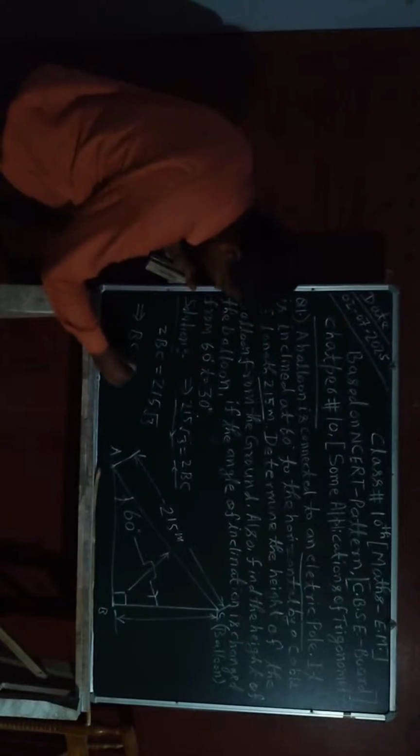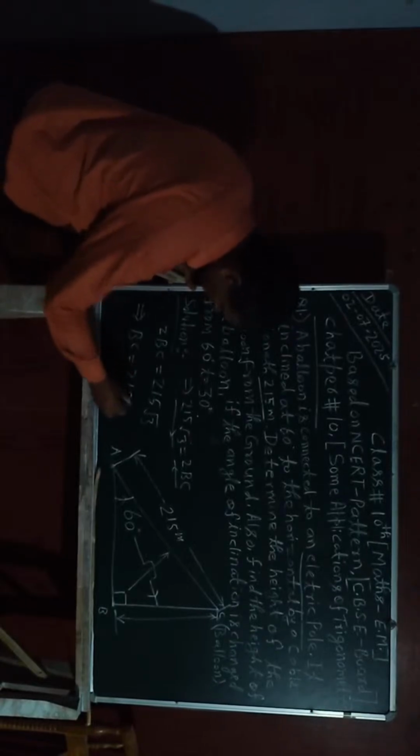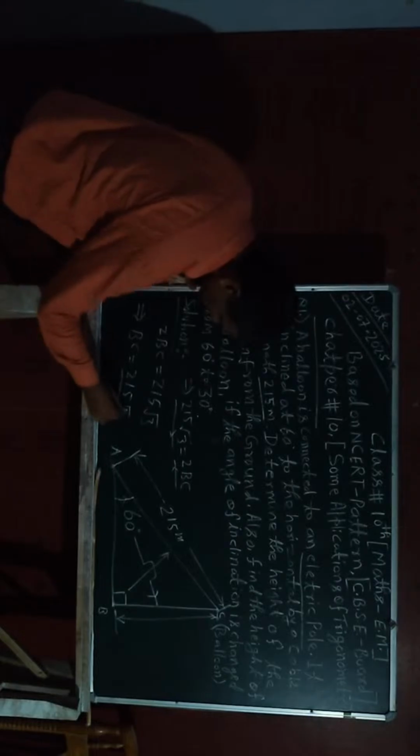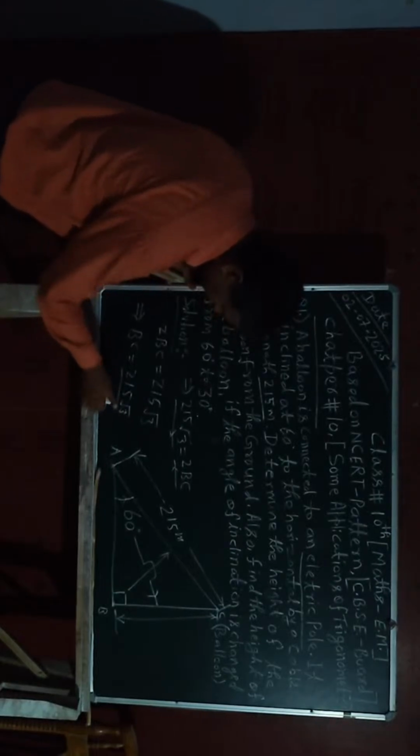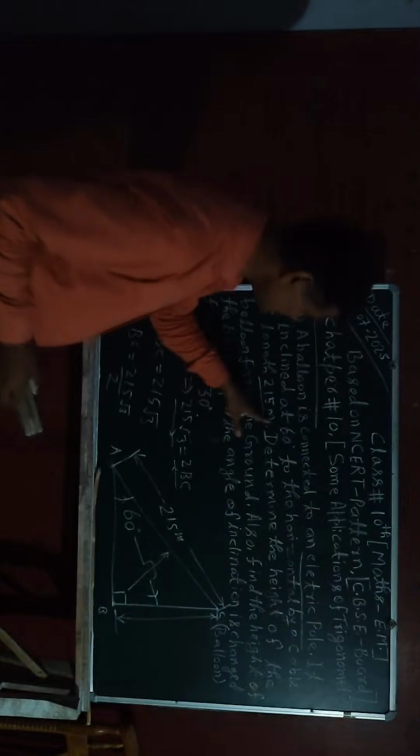So I can write BC, which is equal to 215 root 3 divided by 2. It is given in MKS system, that is meter. So I write this value will be in meter. Okay. So this is the length BC, and length BC I have already got: 215 root 3 divided by 2, and its unit is meter.